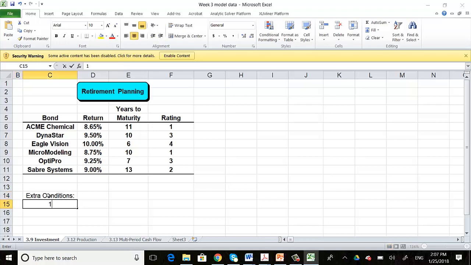The first one, they said no more than 25% in any investment.